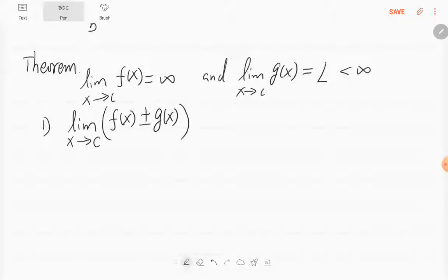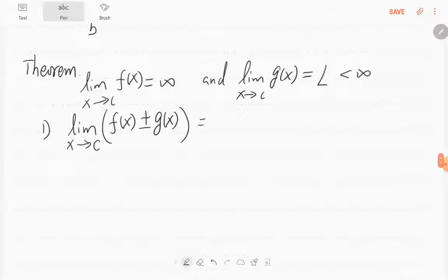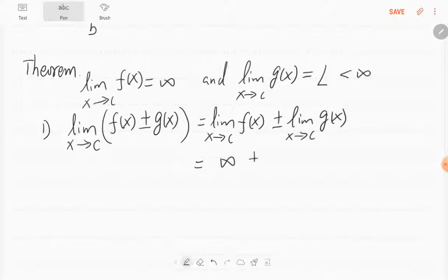We know from the property we can distribute the limit for each one, right? So it becomes the limit of f of x plus or minus the limit of g of x, and this is infinity plus or minus L, no matter how large the finite number L is.